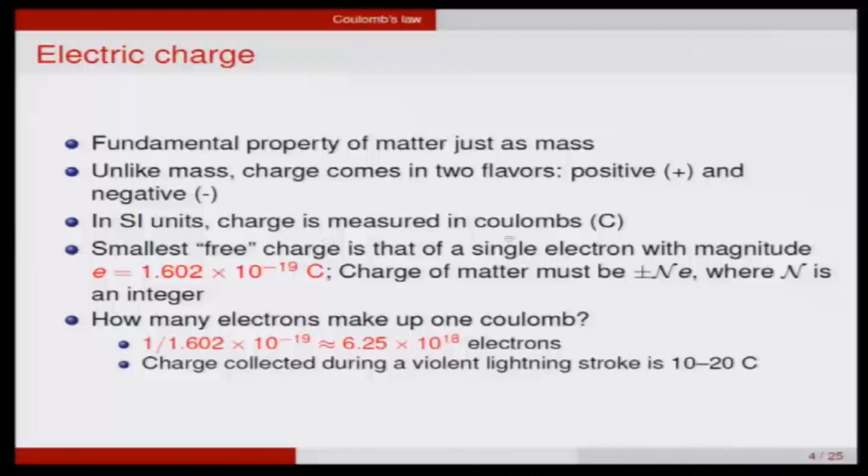How do we measure charge? We measure charge in the SI units of coulombs. This is the same Coulomb who gave us the force law between the two charges, and we honor him by measuring charge in terms of coulombs. Now, I just told you that matter is made up of atoms and atoms are made up of electrons and nucleus.